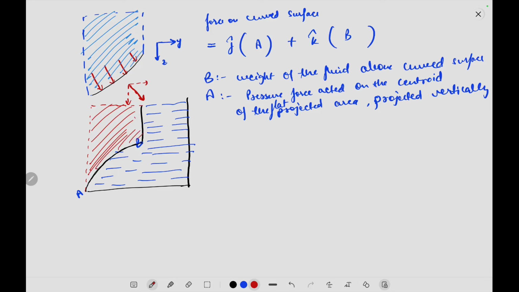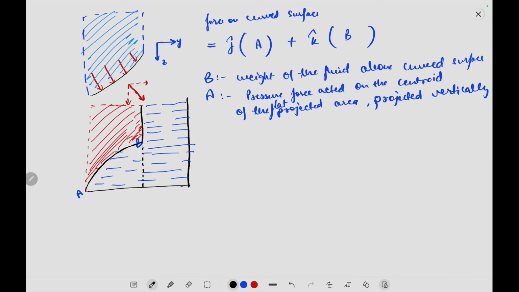So the weight of this fluid plus, this term will be calculated like this: we'll just consider the pressure force on the projected area, projected vertically. My vertical projected area would look like this.